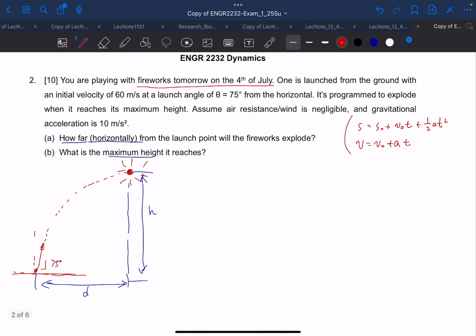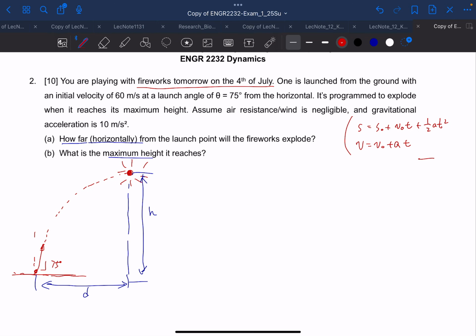And then we can now try it in two axes, x and y directions, right? Which one should we try first? In the x direction, there's no acceleration, right?